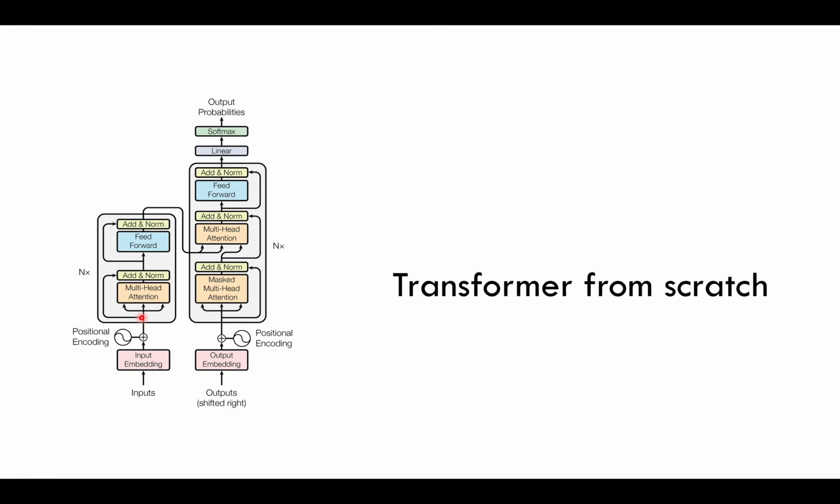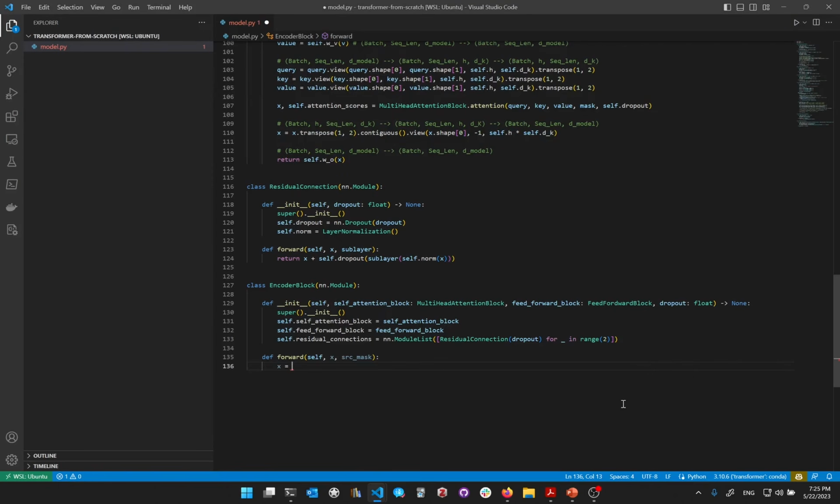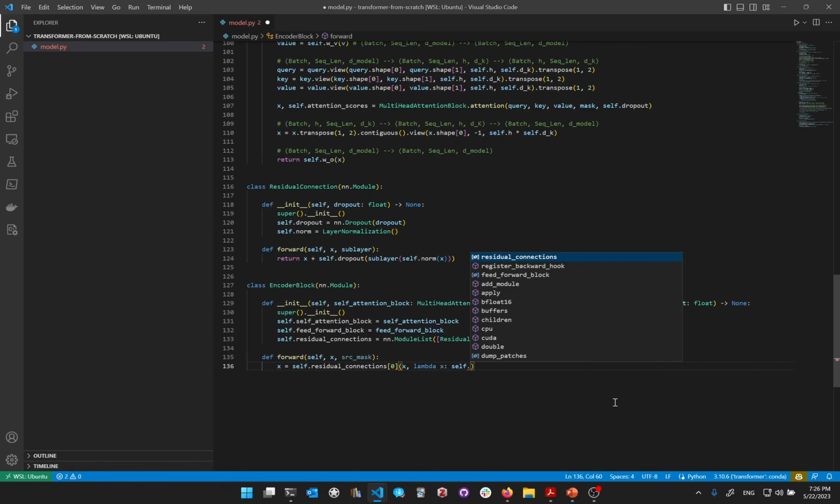So we take this X, we send it to the multi-head attention, and at the same time we also send it here, and then we combine the two. So the first skip connection is between X and the other X coming from the self-attention. So this is the function. I define the sublayer usually using a lambda.